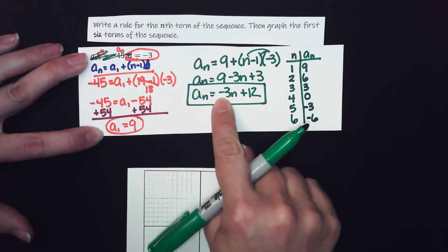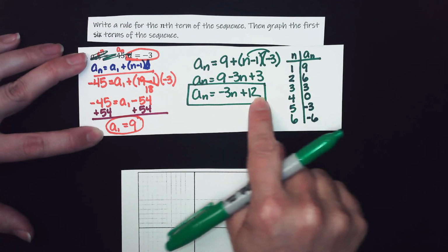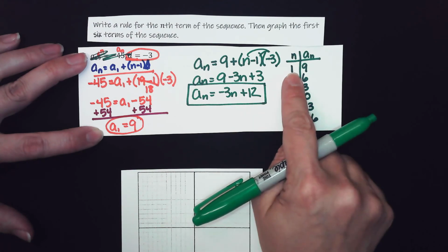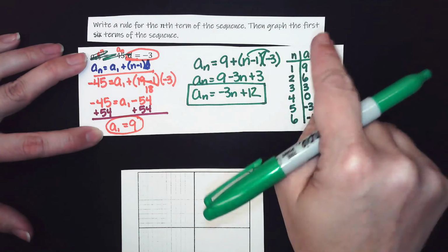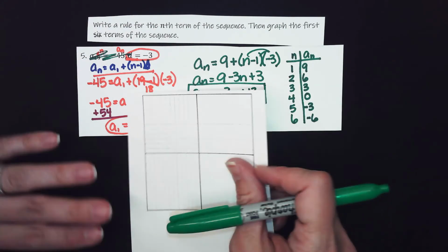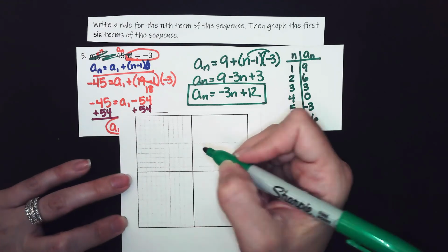Another way to do this is we know that the y-intercept would be 12, because this is in slope-intercept form. My slope is -3, so I go down 3, right 1, and that gives me the first term. You could do it that way without doing the table, but the table makes it a little easier to graph. So at 1, 9.